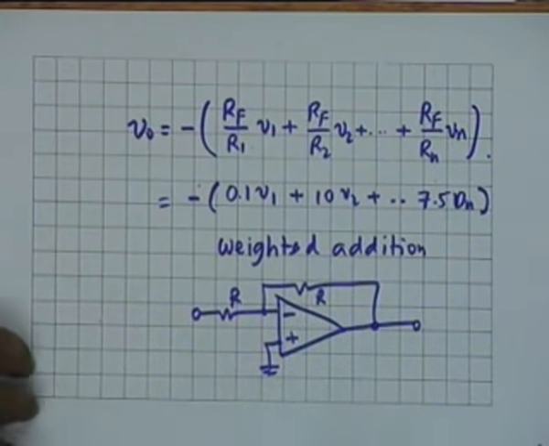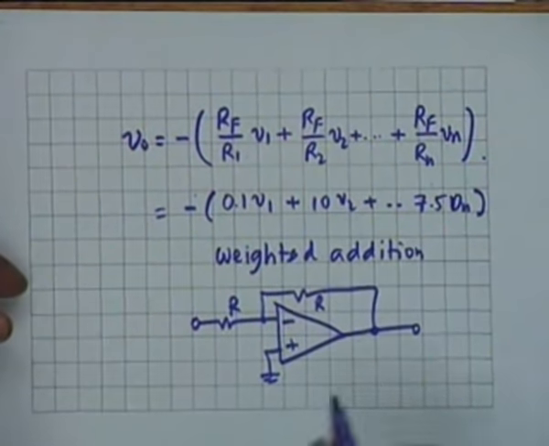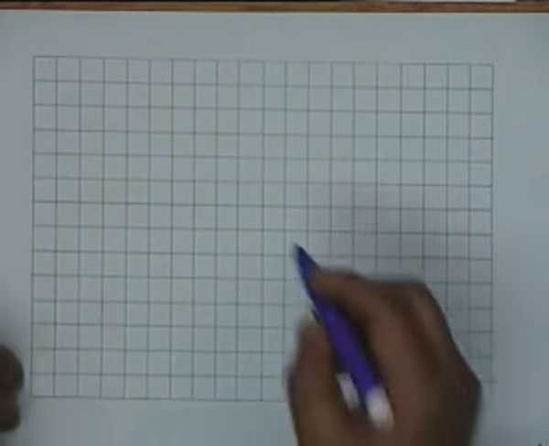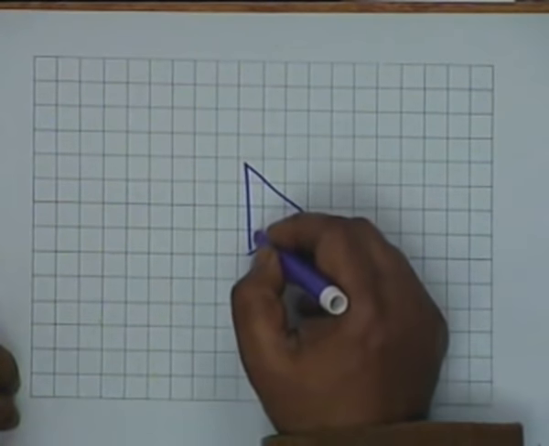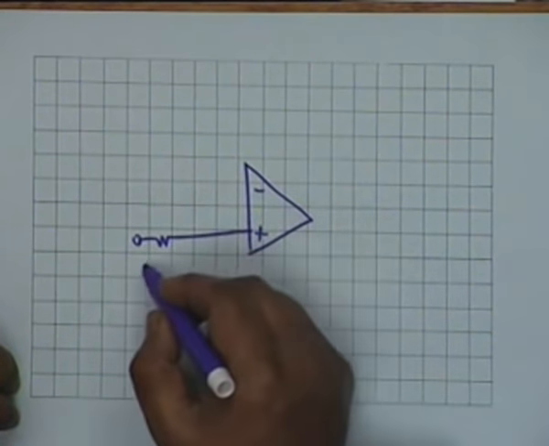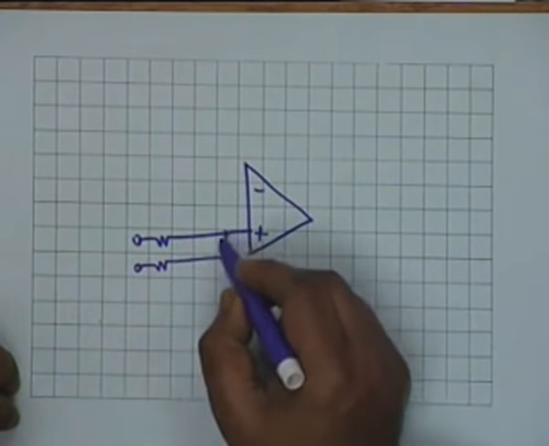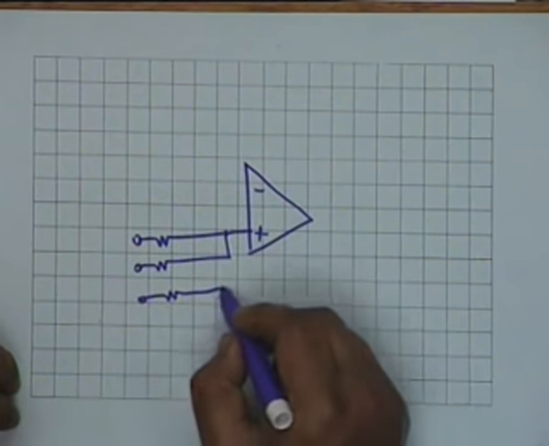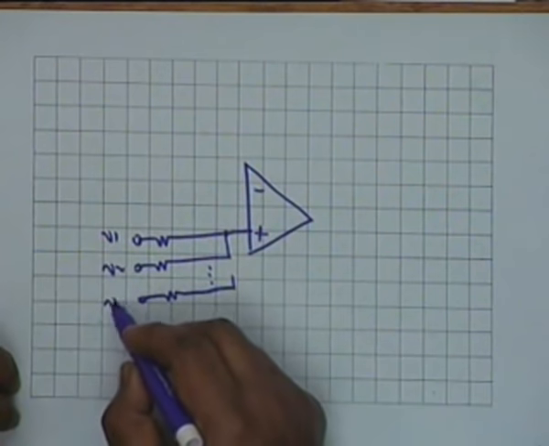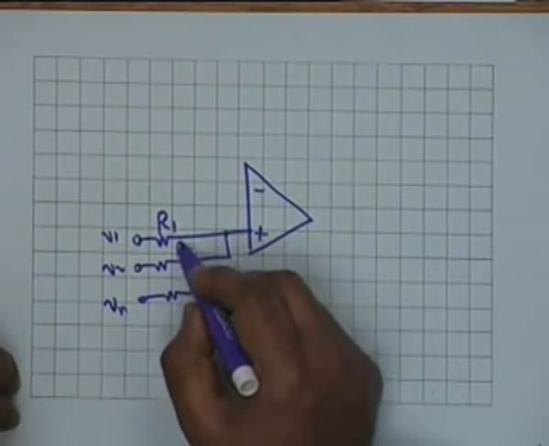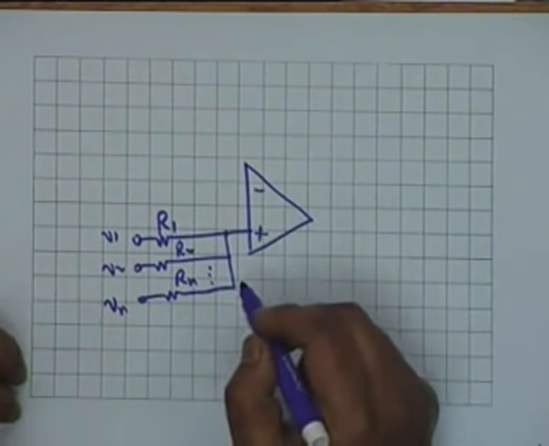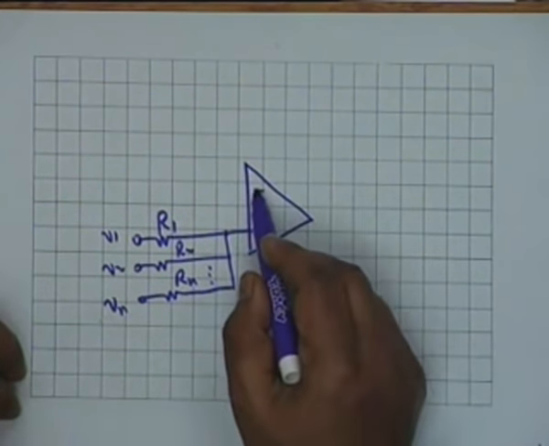I can either do this, or if I am fussy and I don't want to use two op amps, then what I will do is I will connect these sources here: V1, V2, Vn, R1, R2, Rn. Then what do I do? Can I leave this open?